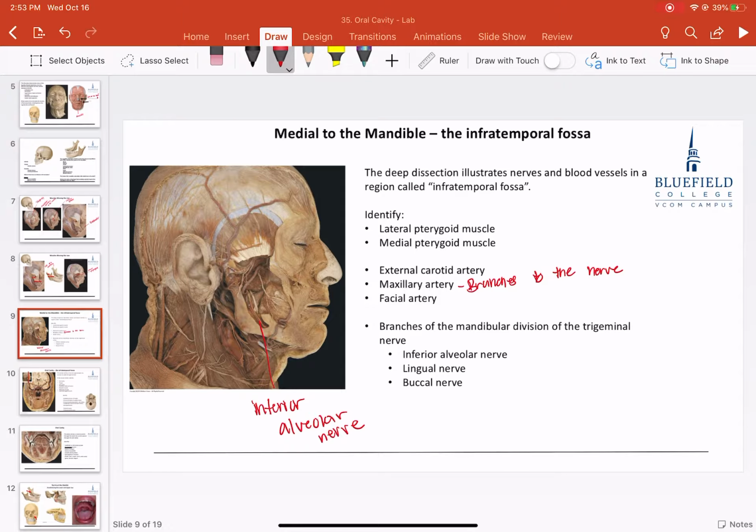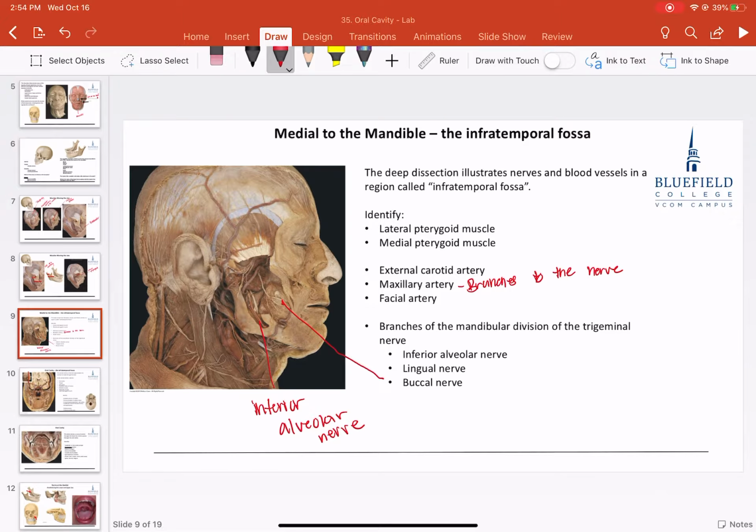It's not going to innervate the buccinator muscle because that's a muscle of facial expression. It's innervated by 7. The buccal nerve, which is a branch of the trigeminal nerve, is going to go through the buccinator muscle and innervate the mucosa lining the inside surface of the cheeks.